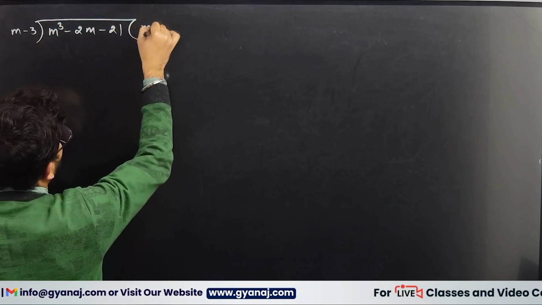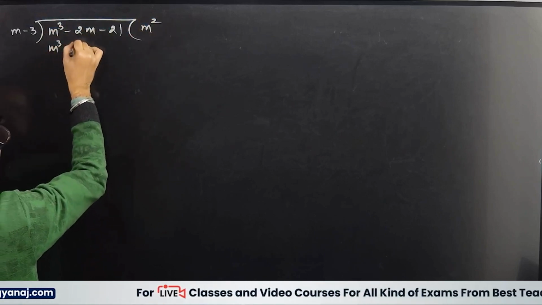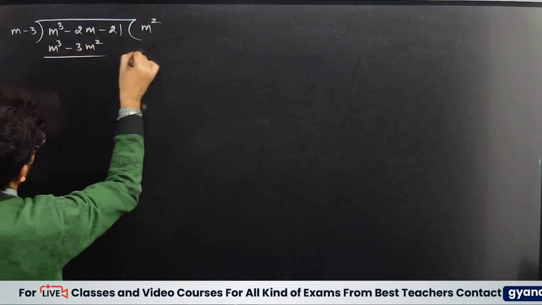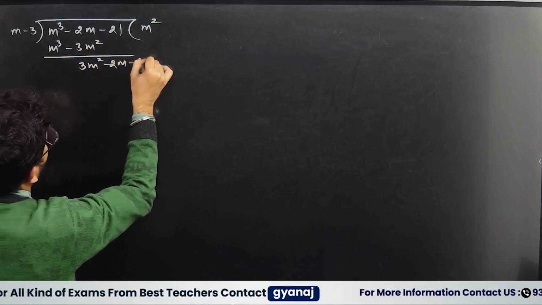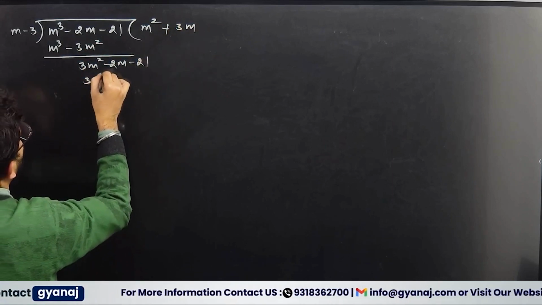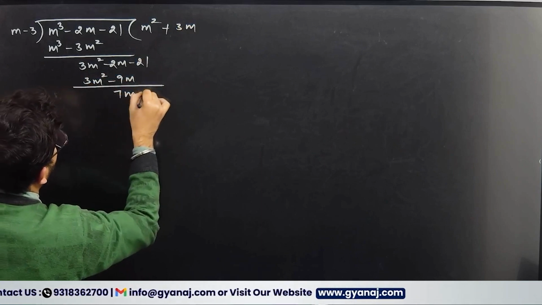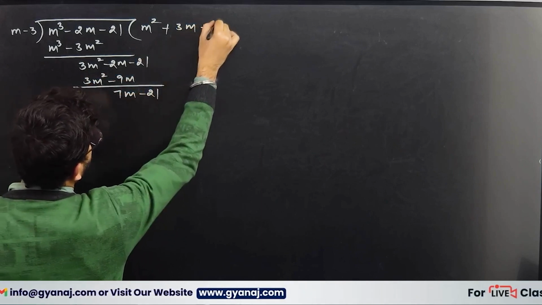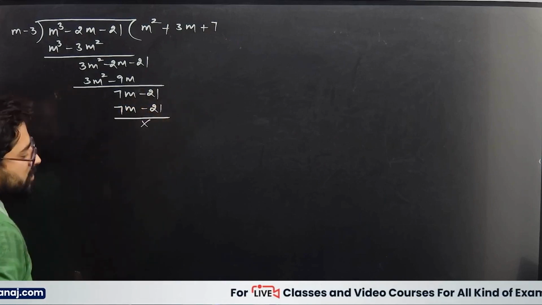We have m square. That is m cube minus 3m square. When you simplify, you will get 3m square minus 2m minus 21 plus 3m. That is 3m square minus 9m. Again, when you simplify it, 7m minus 21 plus 7, that is 7m minus 21, and that is 0.